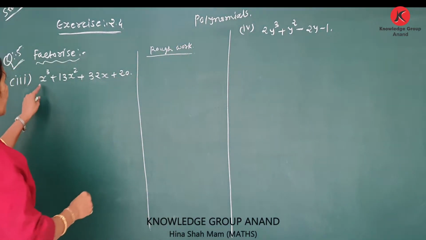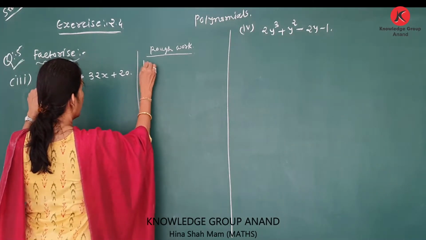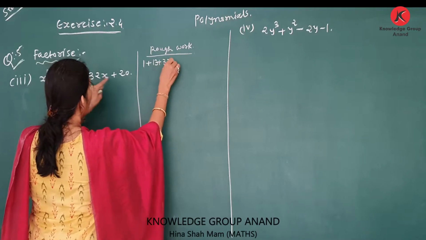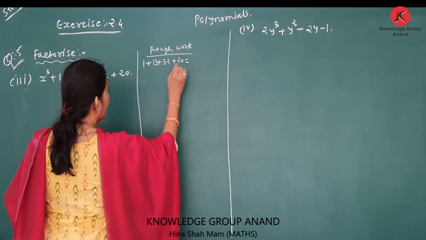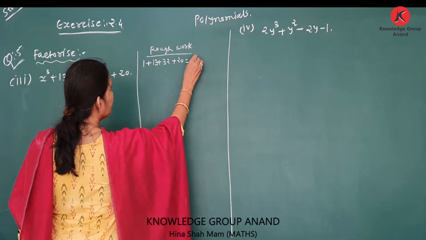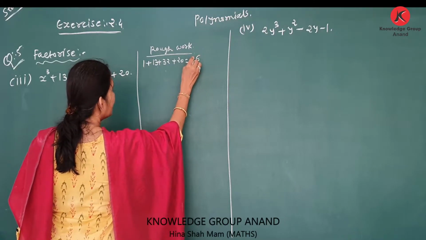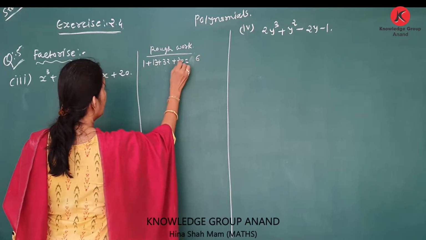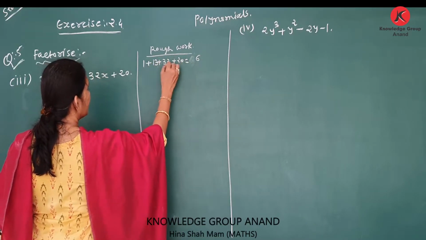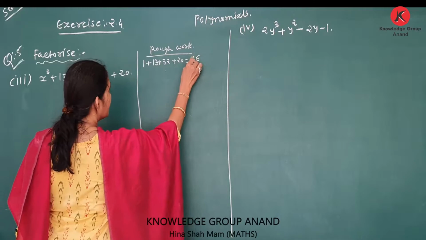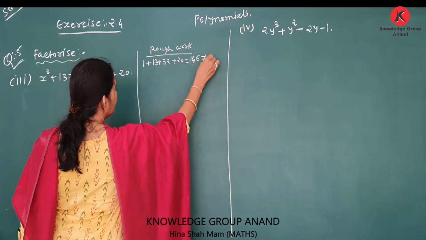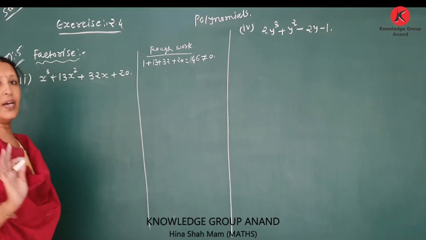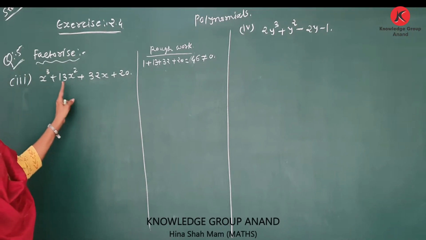Sum of coefficients 1 plus 13 plus 32 plus 20 is 66, which is not equal to 0. So x minus 1 is not a factor of this polynomial.